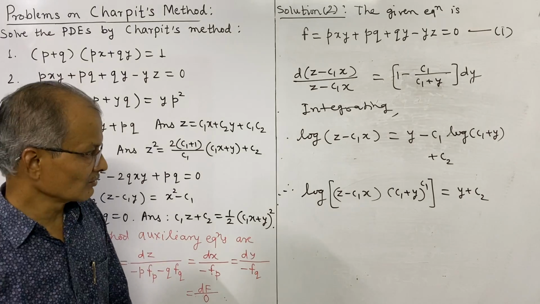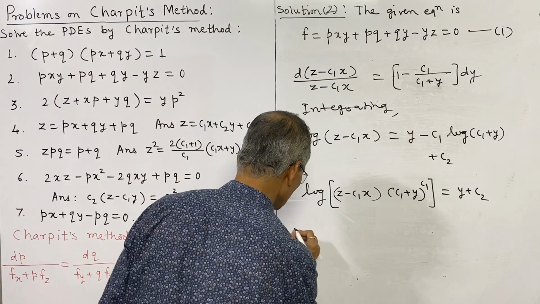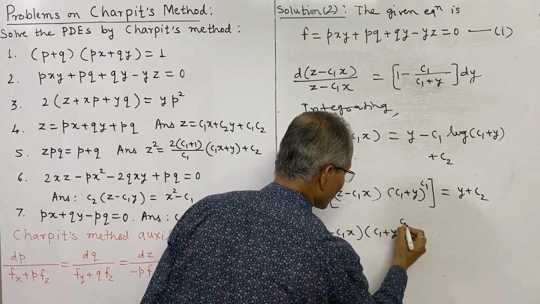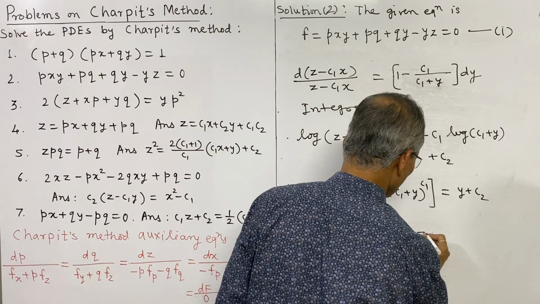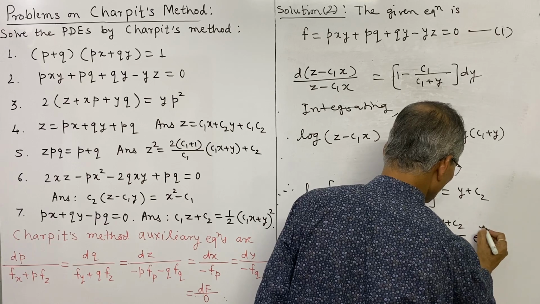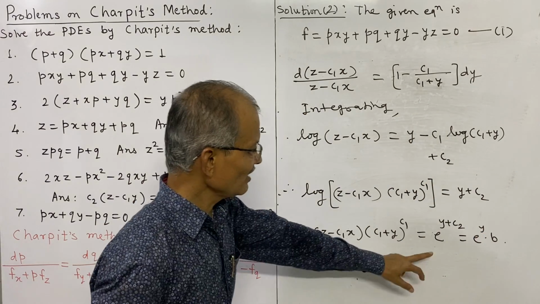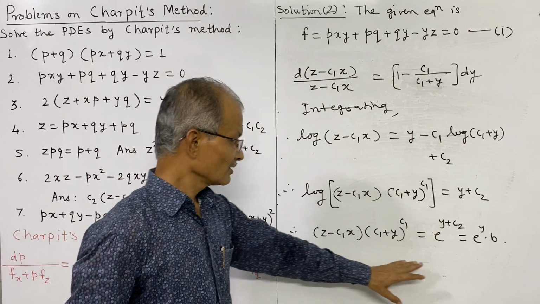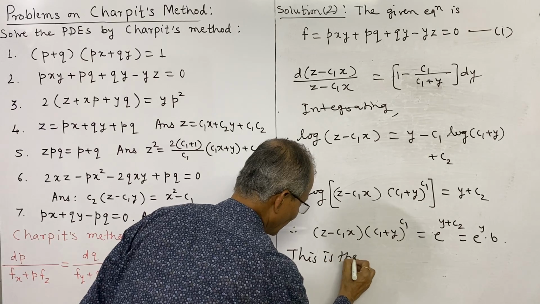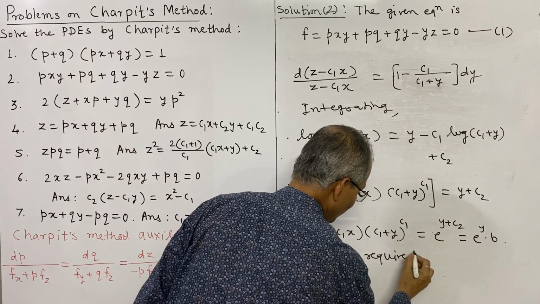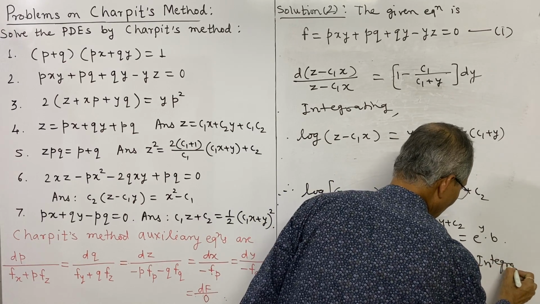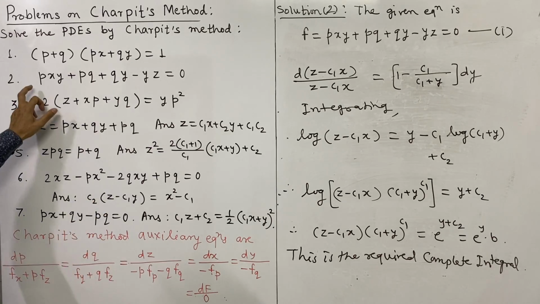Laws of logarithms are used, and taking exponential on both sides, that gives z minus c1x into c1 plus y raised to the power c1 is equal to e to the power y plus c2, or that can also be written as e to the power y into b, where b is e to the power c2. So thus this is the required complete integral. So thus we have solved the second problem.